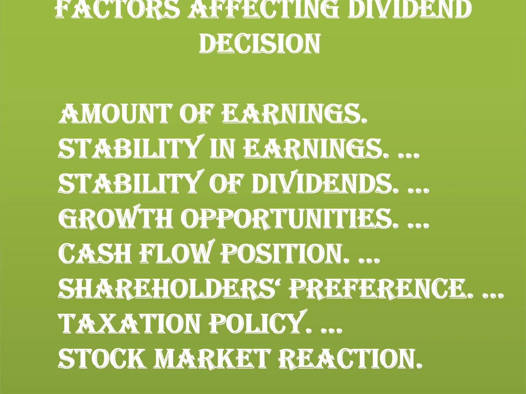First, what is the amount of earning? If there is no earning, you cannot think of declaring dividend. Second, the stability in the earning. One year you have huge profit and the next 3 to 4 years no profit. Can you give? No. Then stability of the dividend or the payout.